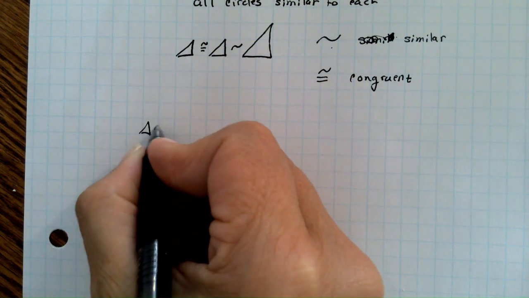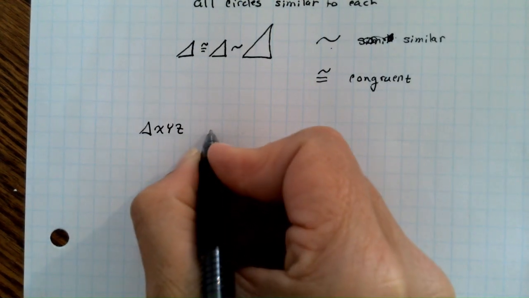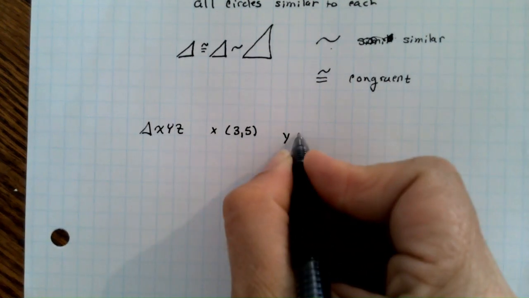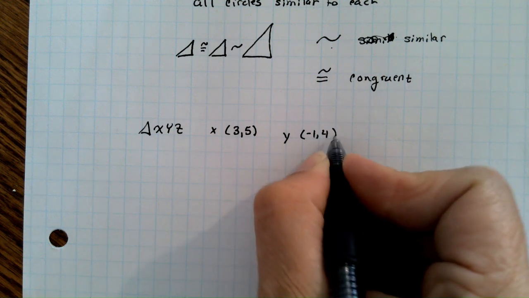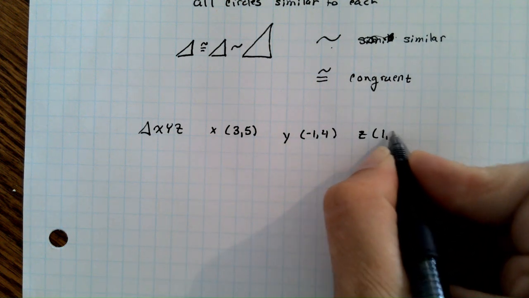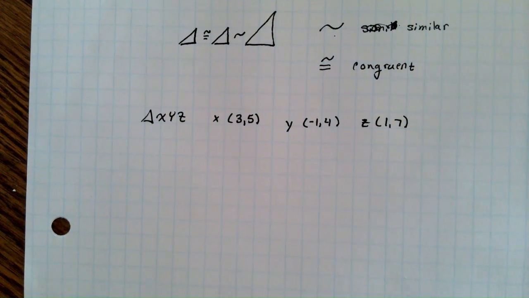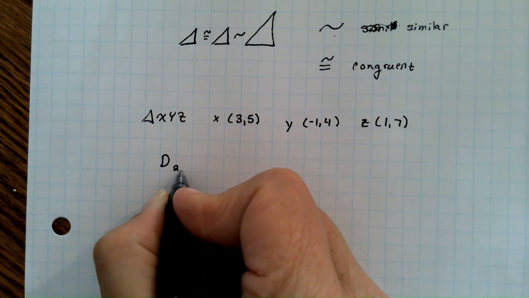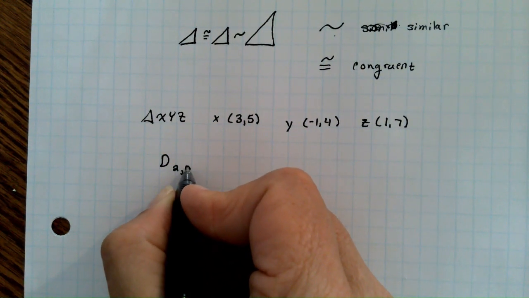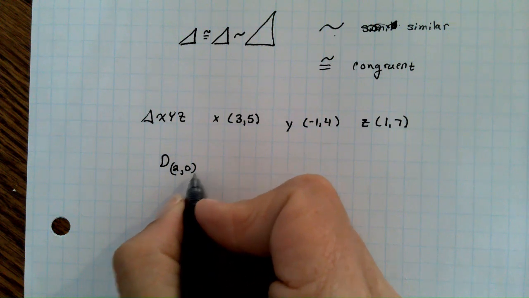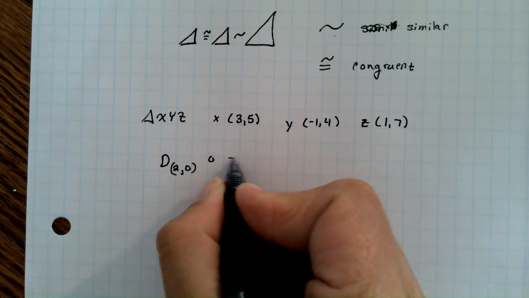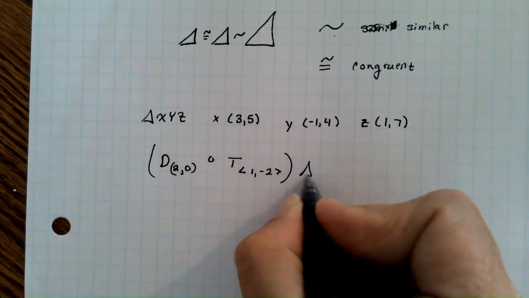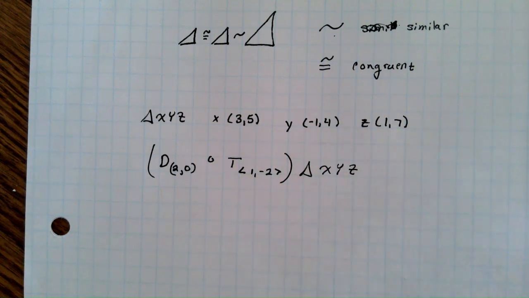So triangle XYZ is going to have X at (3, 5), Y at (-1, 4), and Z at (1, 7). We are going to do D2 composed with T for triangle XYZ.